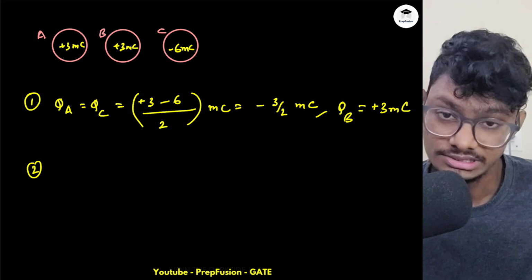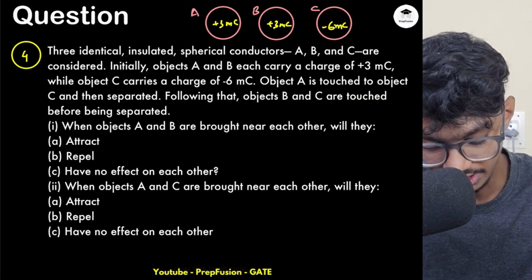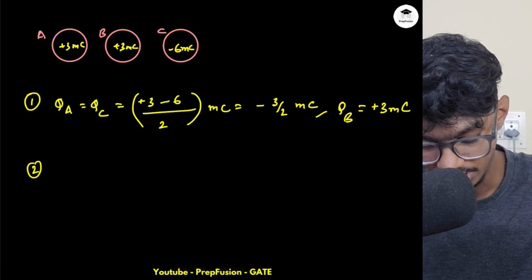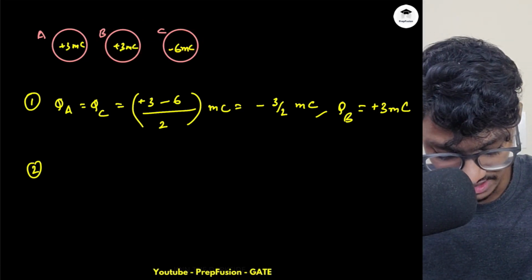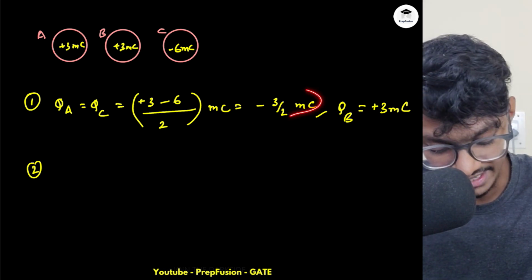Next, after this event, objects B and C are touched together. This time, B has 3, but C has minus 3 by 2.